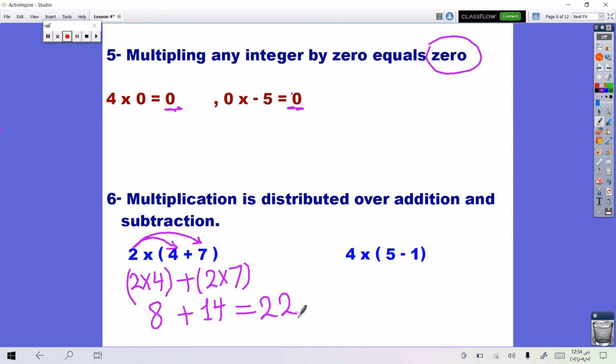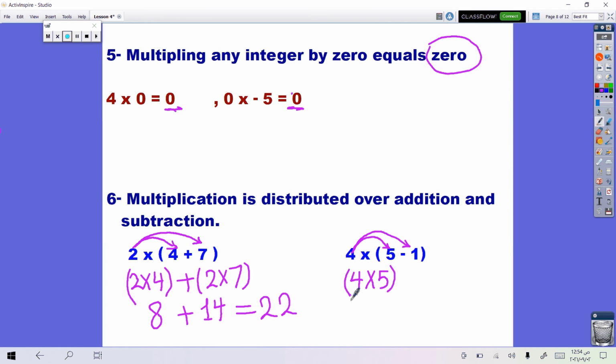4 times the difference between 5 and 1. So in distributive property, we have to take the number which is outside the bracket and then multiply this number by each number in the group or in the parentheses. So 4 by 5.